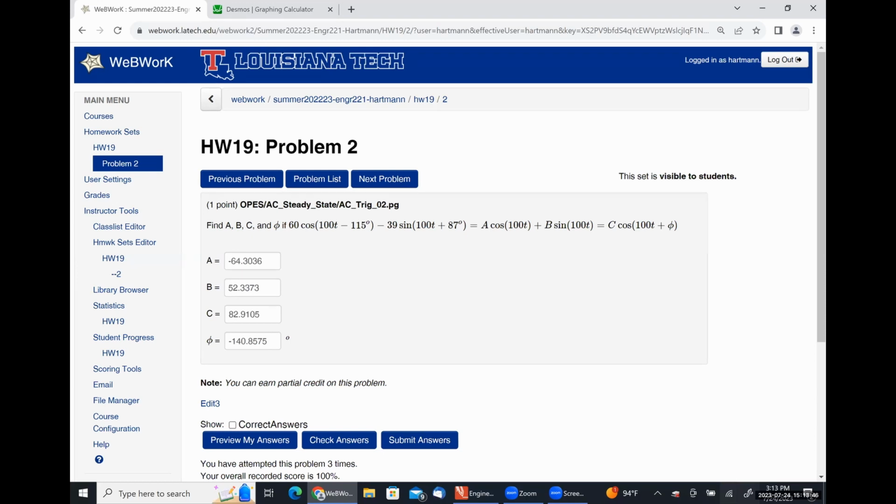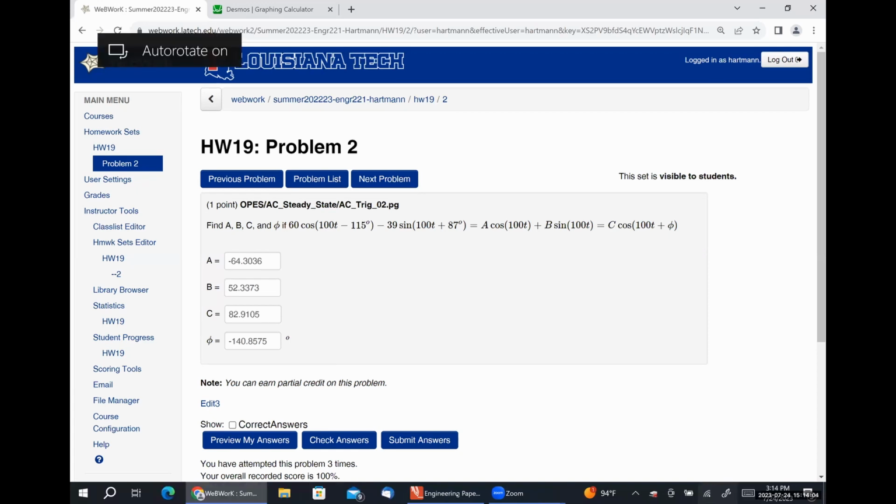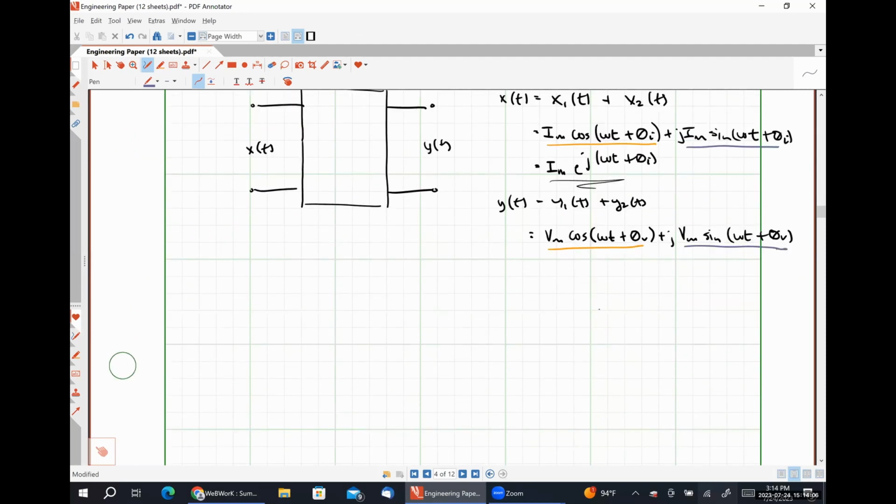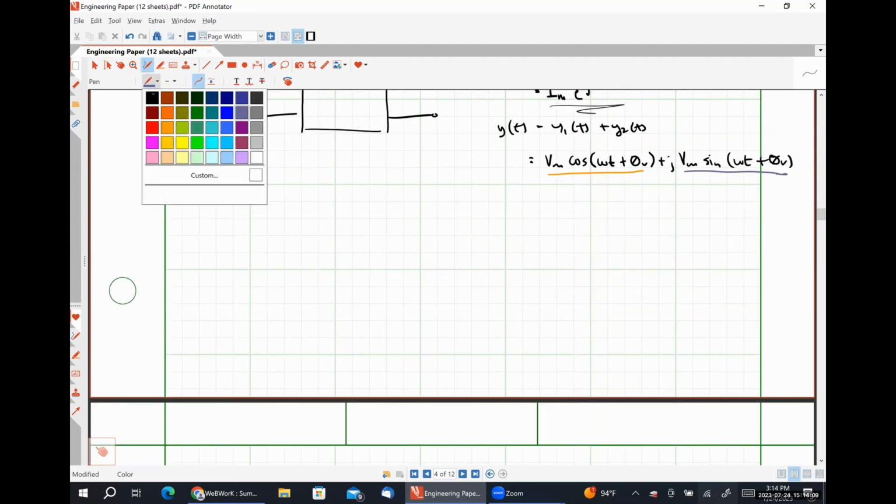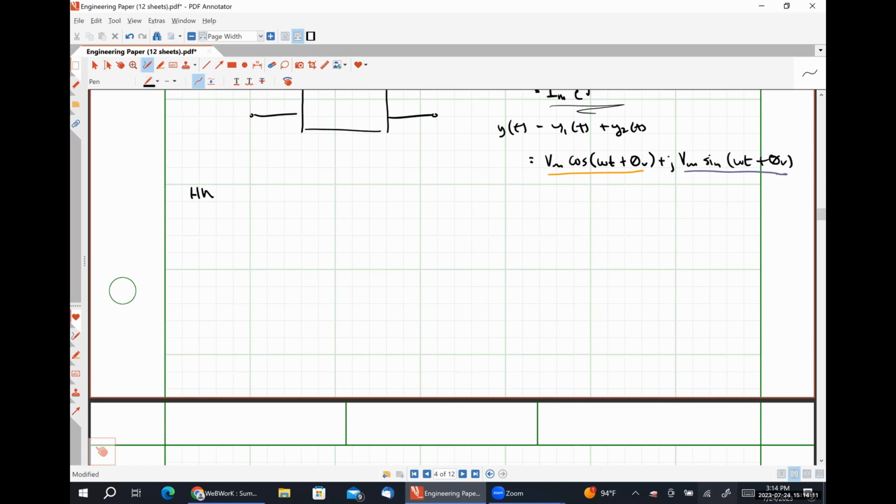Now, I have shown you, using all those trig identities, how we could get to both of these representations. Let's work this instead using strictly complex number relationships. Homework 19, problem 2.